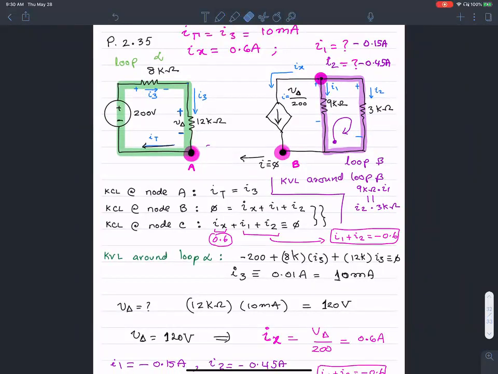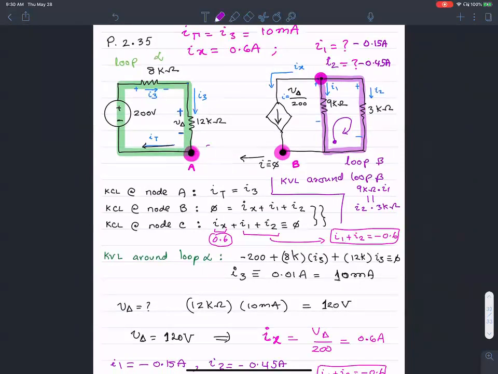So are these two different circuits totally separate, or are they somehow dependent on one another? What connects these two seemingly separate circuits?